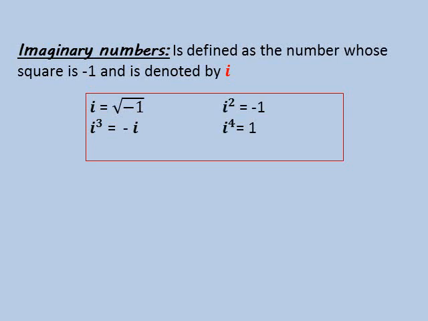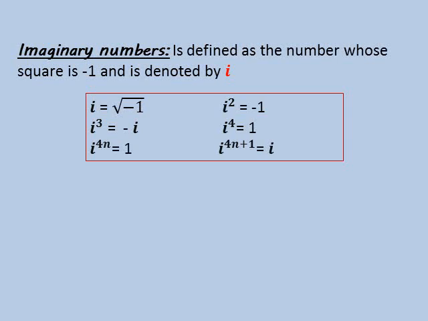Also, i⁴ will be i² times i², so it is equal to -1 times -1, which equals 1. We must know that i² = -1, i³ = -i, i⁴ = 1.